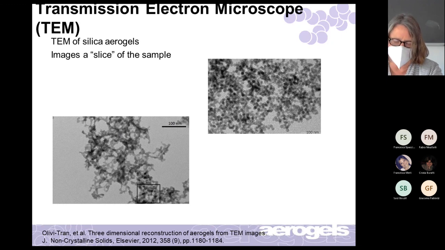So this gives very nice information. And so what we hope this summer is that we will see something like this with our alumina aerogels, and we will see perhaps the small copper nanoparticles.